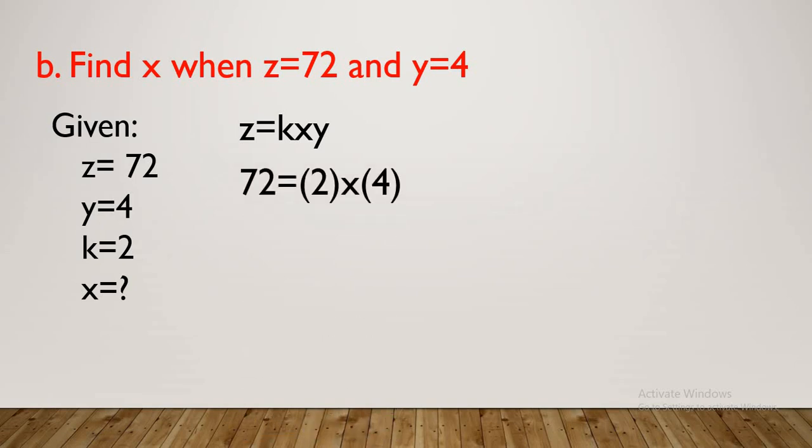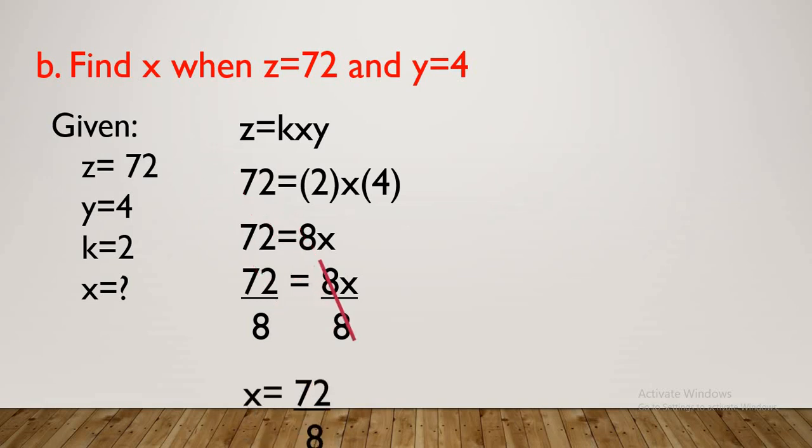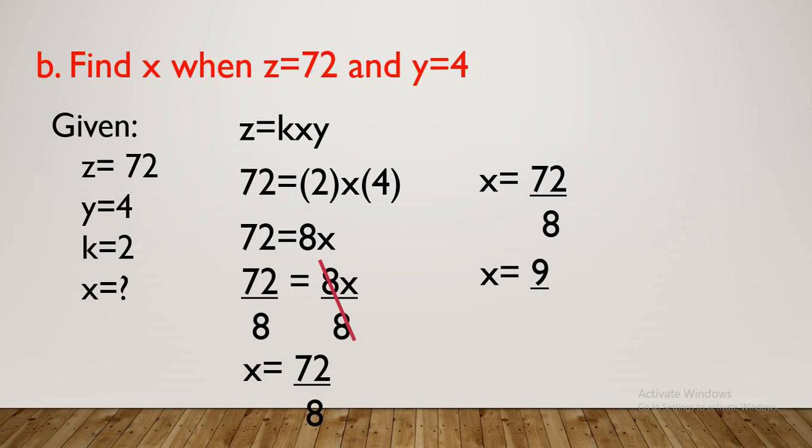So 72 is equal to K, which is 2, then X, and our Y is 4. Remember, we are looking for the value of X. Next, multiply 2 and 4, which gives you 72 is equal to 8X. Then we do the division property of equality to cancel this part, and it will become X is equal to 72 over 8. We simplify it, so we have X is equal to 9.